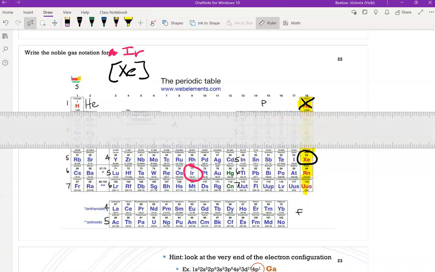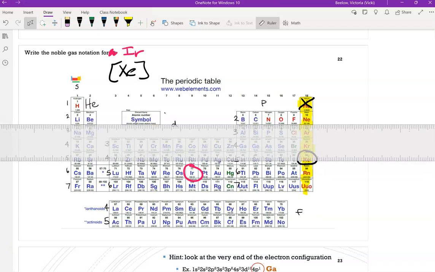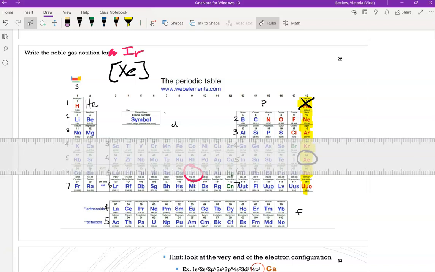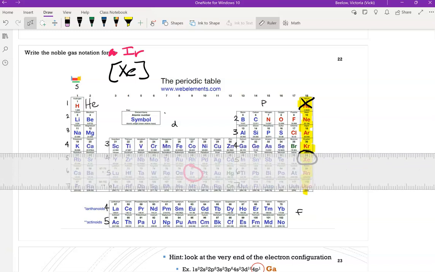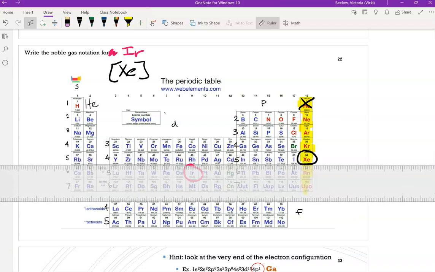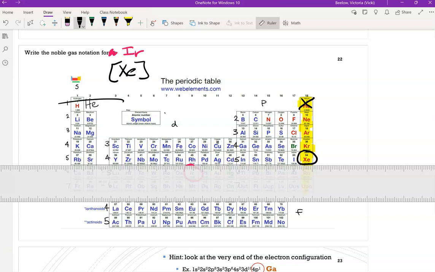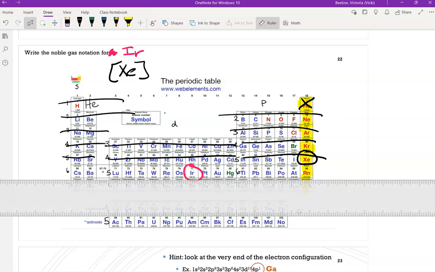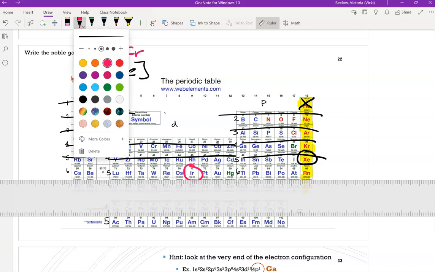Again, instead of me writing 1s2, 2s2, 2p6, 3s2, 3p6, 4s2, 3d10, 4p6, 5s2, 4d10, 5p6, I just wrote xenon. All of this is included as part of xenon. And then I'm going to continue from there.